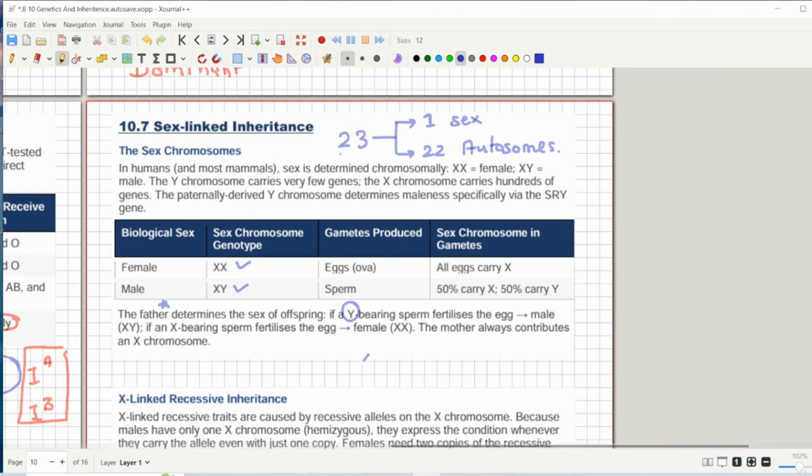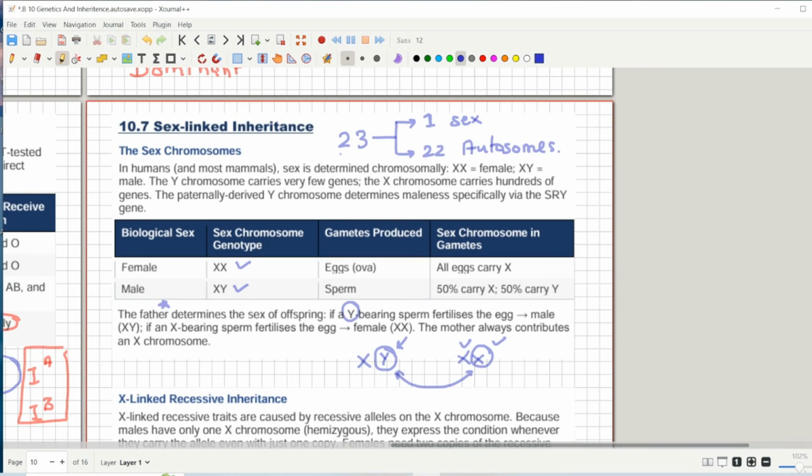If you are a boy, then the Y chromosome that you have came from your father, and if you are a female, then one X is from your mother and the other X is from your father. So whether you are going to be male or female depends on your father, not on your mother, because the second X or Y actually comes from the male partner, right?